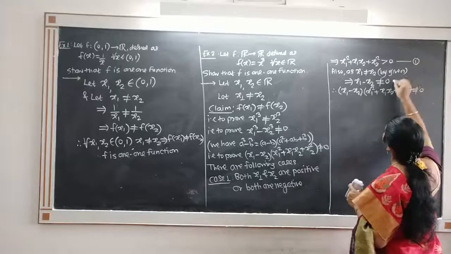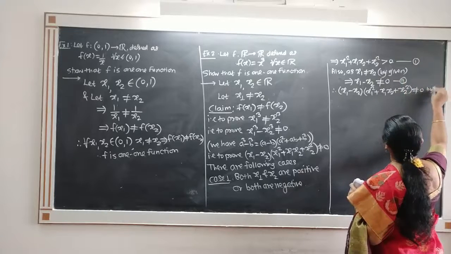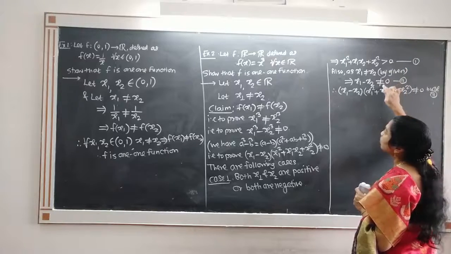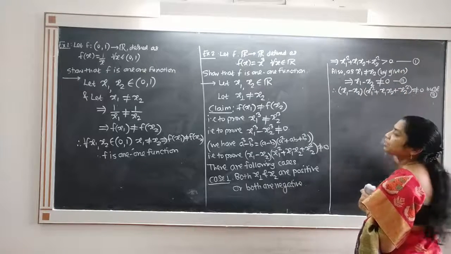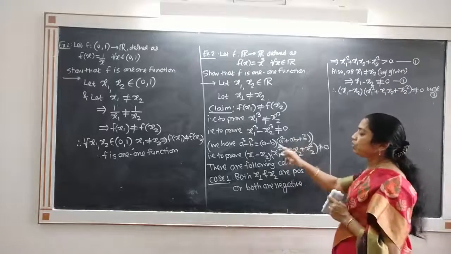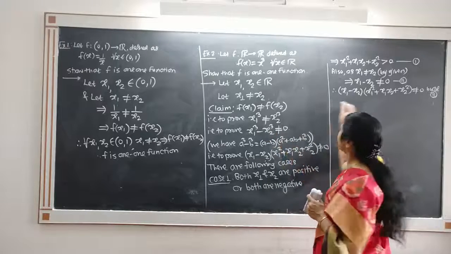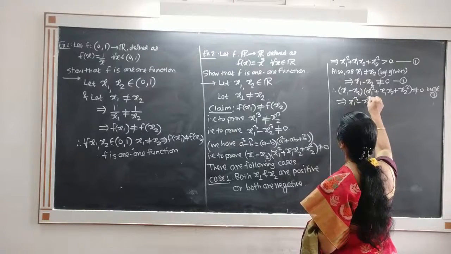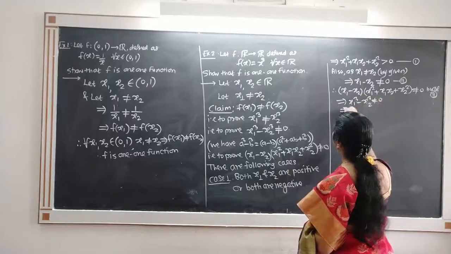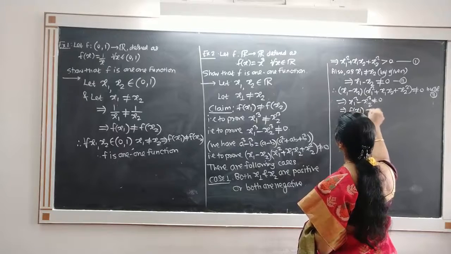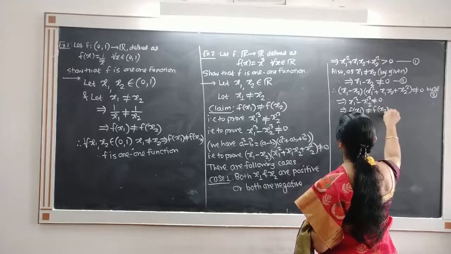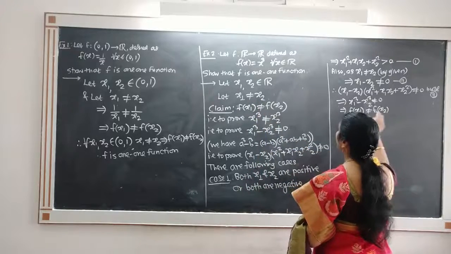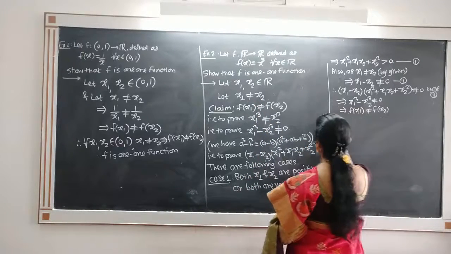By combining these two results, this is greater than 0, this is not equal to 0, so obviously the product is not equal to 0, and the product is not equal to 0 means that x1 cube minus x2 cube is not equal to 0, means that f of x1 is not equal to f of x2. So our aim is satisfied. If x1 is not equal to x2, f of x1 is also not equal to f of x2.